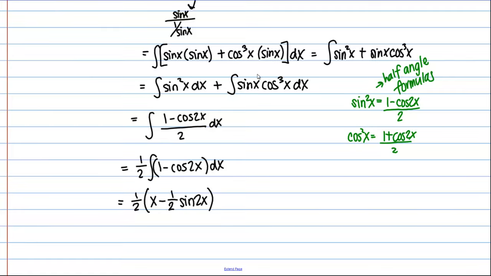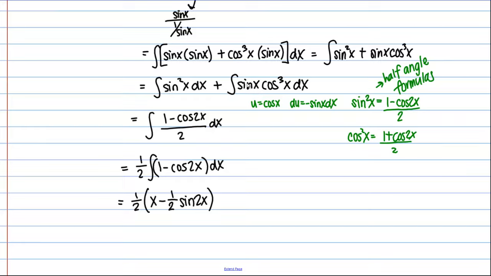So we have the integral of sine x cosine cubed x. And actually, u substitution is going to work great here. What we can do is let u equal the cosine of x. So du would be negative sine of x. Right, and I have a sine of x right here.